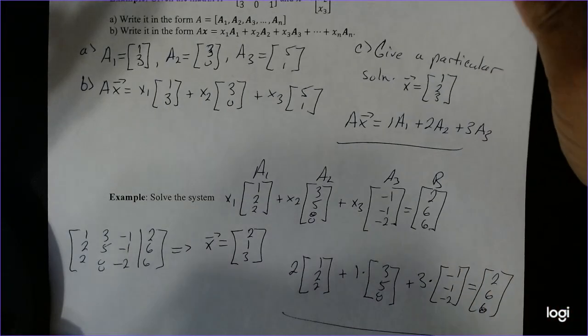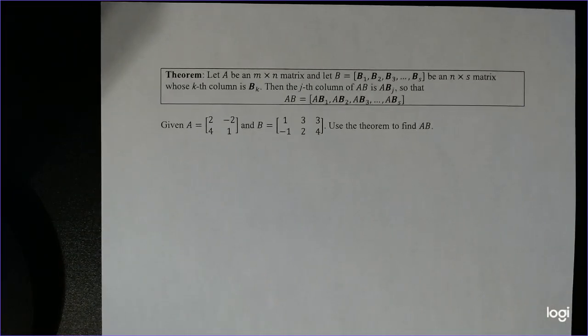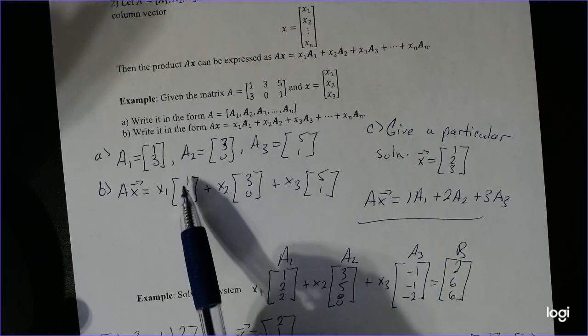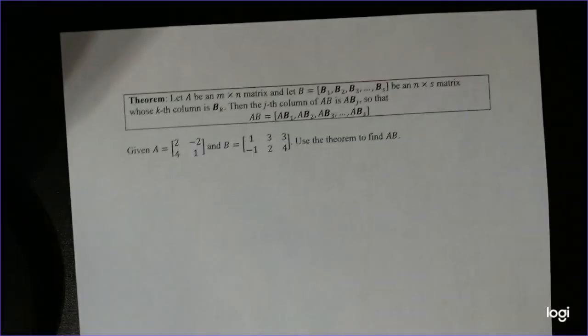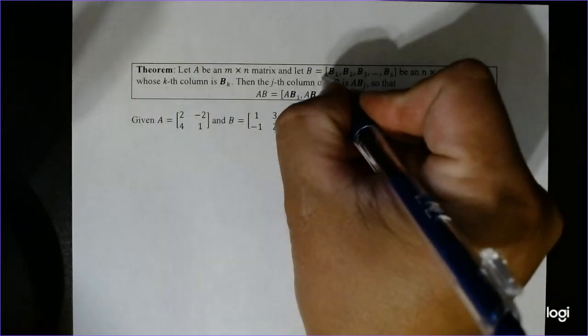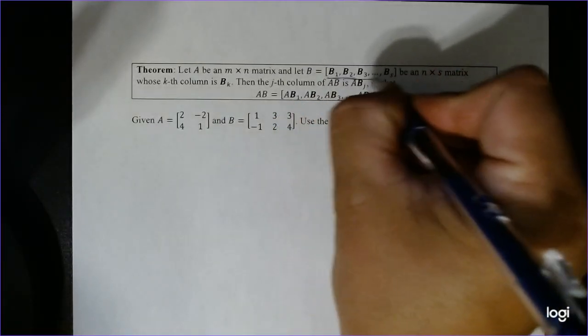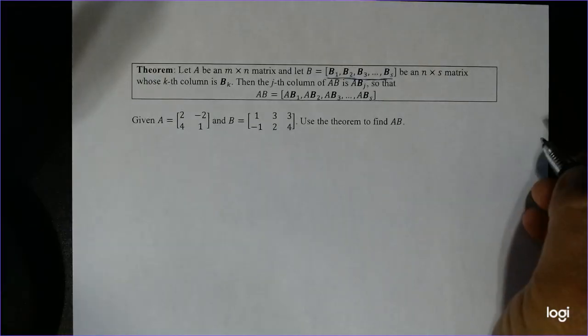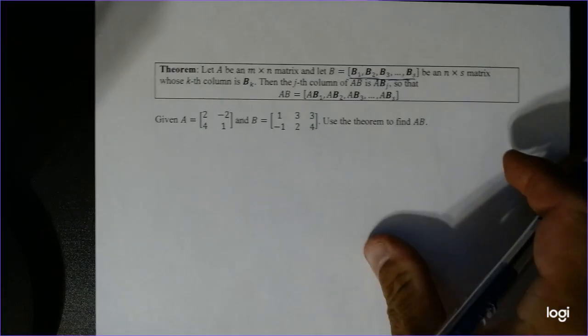Now, the very last thing is an alternative way to do matrix multiplication, using the way we break things down like this. This theorem says, let A be an n by A matrix, and let B be the matrix already broken down into B1 through BS, an n by S matrix whose kth column is BK.